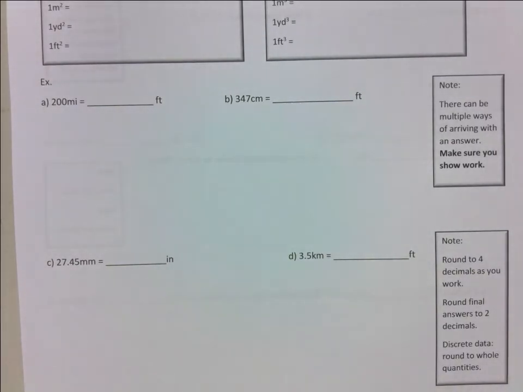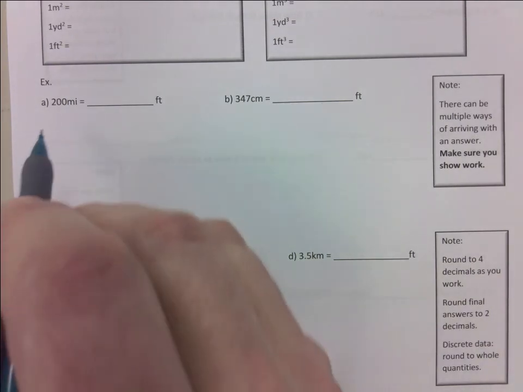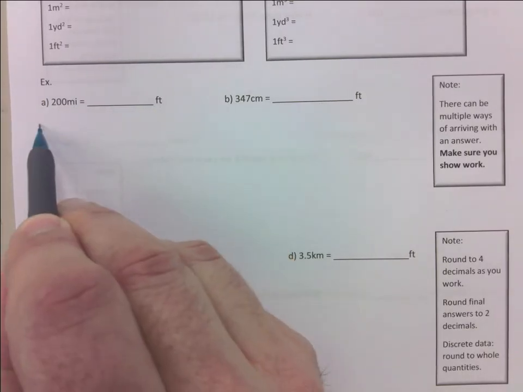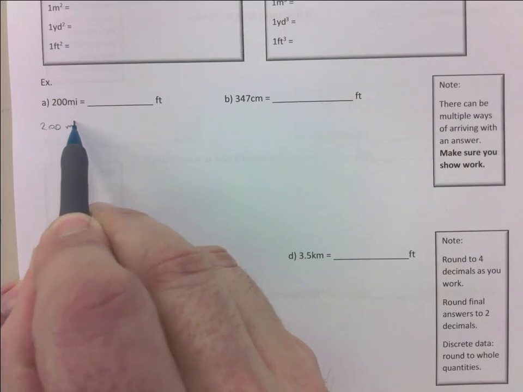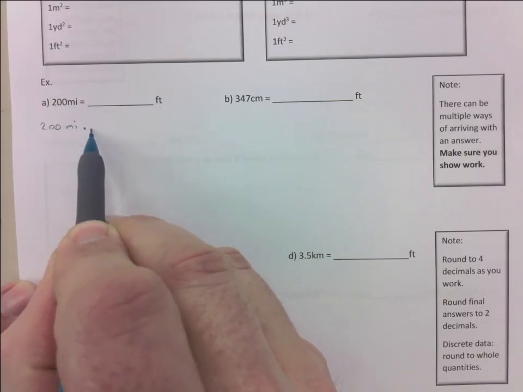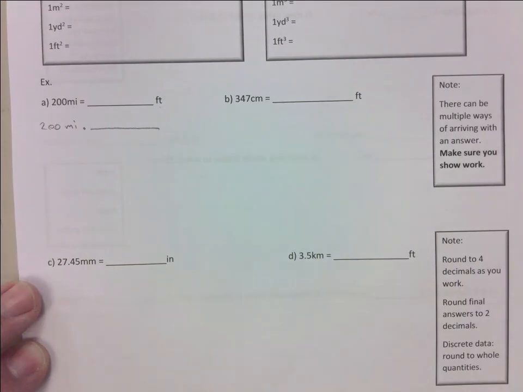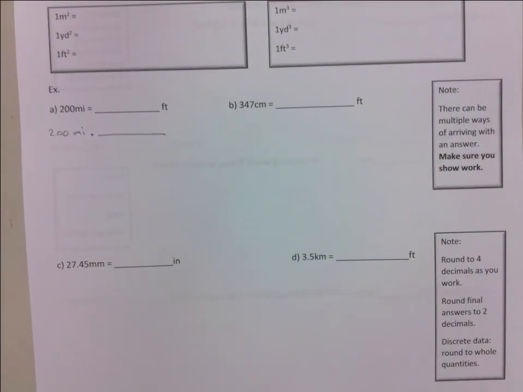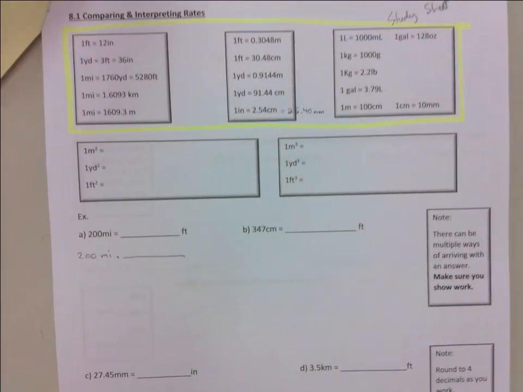I'm going to tell you there's multiple ways of showing this work. I will show you one way of converting, okay? I know that some teachers have used different methods along the way. So if you want to go from miles to feet, I start with the miles, and then I multiply it by the rate that gets me to feet. So in my particular case, if I go up here, let me zoom out a little bit.